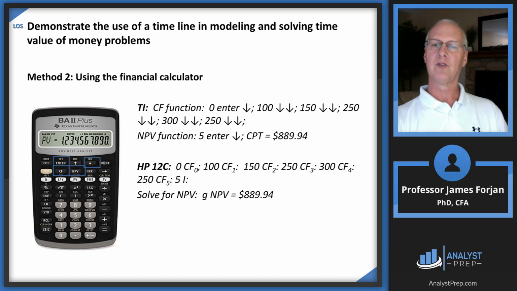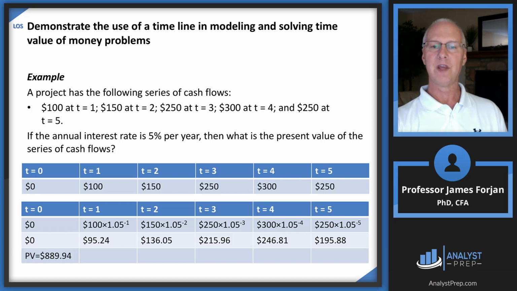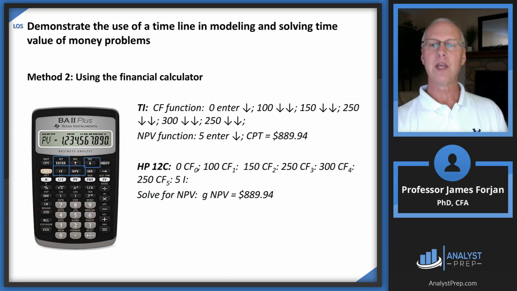Now remember, those of you who have the BA2 Plus, once you get into that cash flow, you have the ability to scroll back and forth from time period 0 to 1 and 2 and back to 1 and 2 and 3 and 4 and back to 0. And the way you do that is with the arrow buttons. So get used to those arrow buttons. You're going to go down and you're going to enter all of your cash flows.